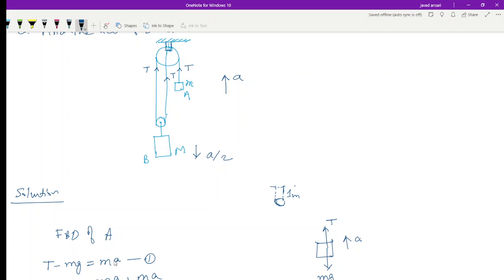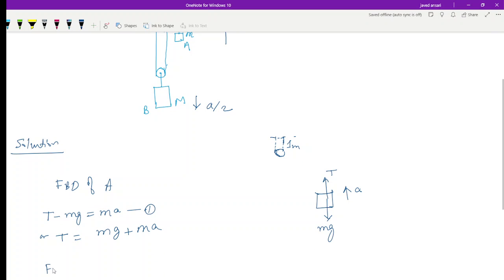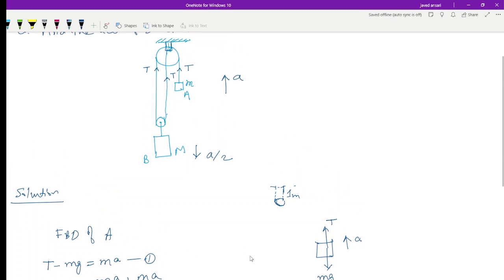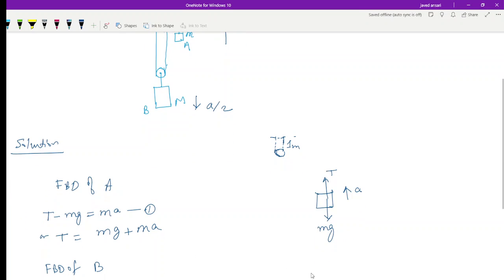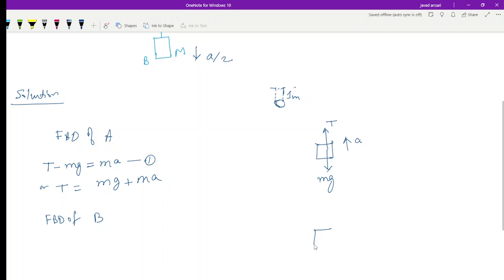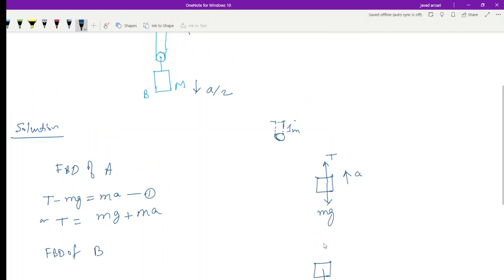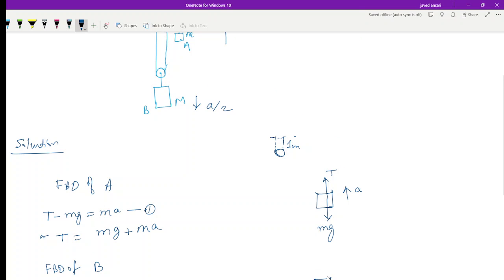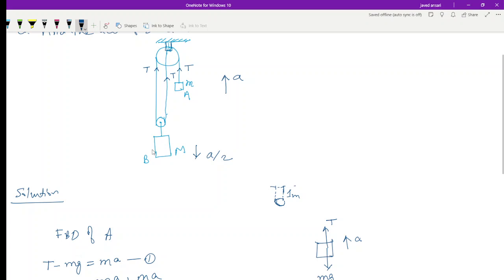Okay, now let's draw the free body diagram of block B. What's going to happen here is this is the body with mass capital M, so weight Mg will act downward, right? And then there will be some tension here, right? Let's say this is T dash.